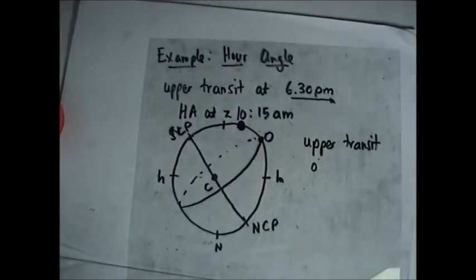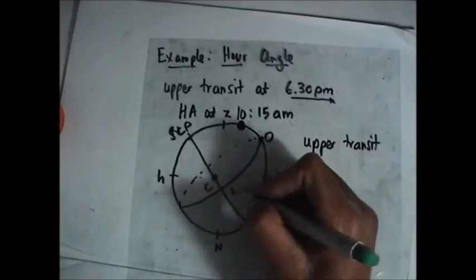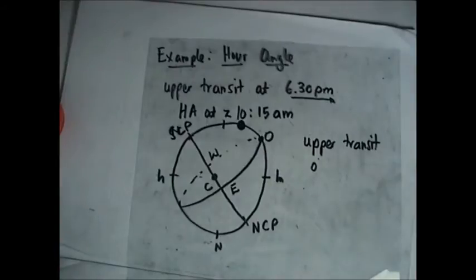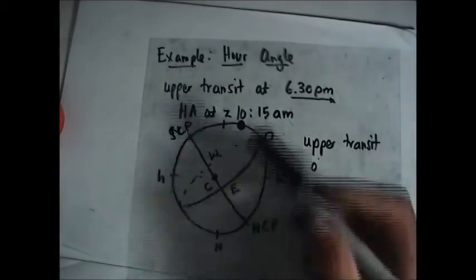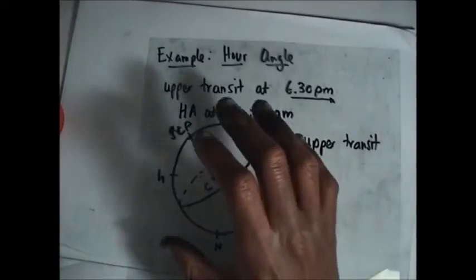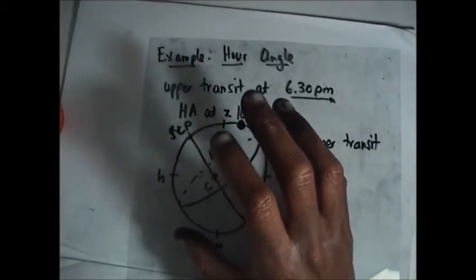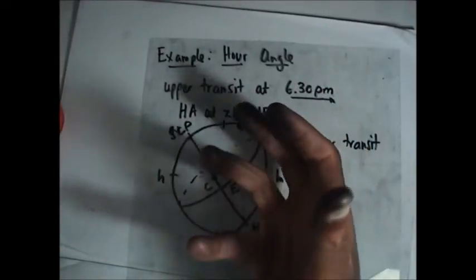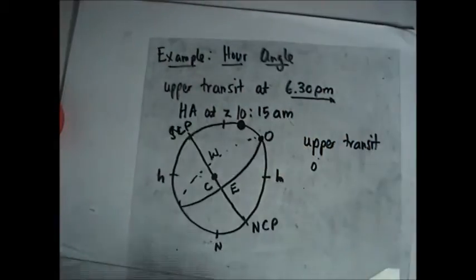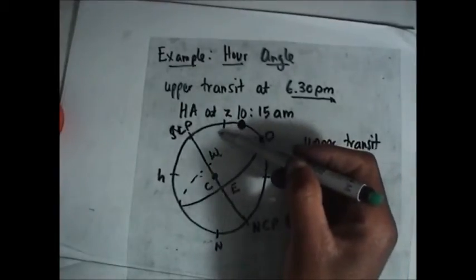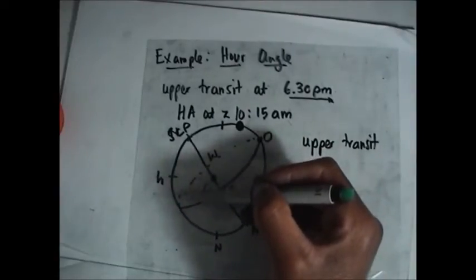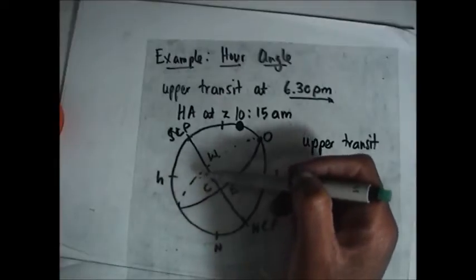Now, this side here is going to be my eastern side, and that one is going to be my western side. As this celestial sphere rotates from east to west to form a new day, this star will go to the back of the sphere, 7 p.m., 8 p.m., 9 p.m., 10 p.m., 11, 12, 1, 2, 3, 4, 5, 6, 7, 8, 9, 10.